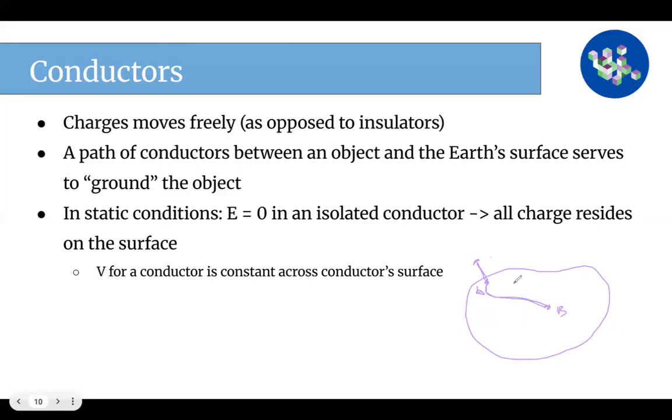There will be no electric field in the direction of my path, which means that the voltage at point A and point B are the same, which means that the voltage for a conductor is constant across the conductor's surface if I have a static situation.